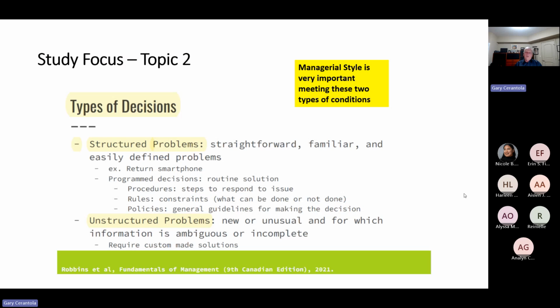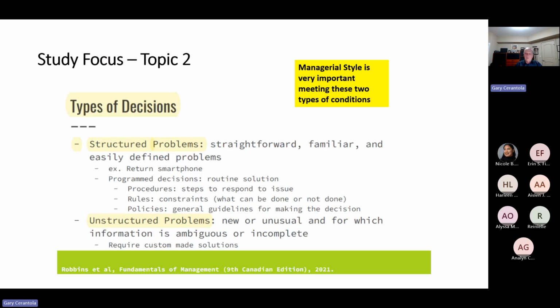And then to remember too, decision making or managerial style is highly dependent on the types of decisions that you have to make. So you need to understand the difference between a structured problem and an unstructured problem.